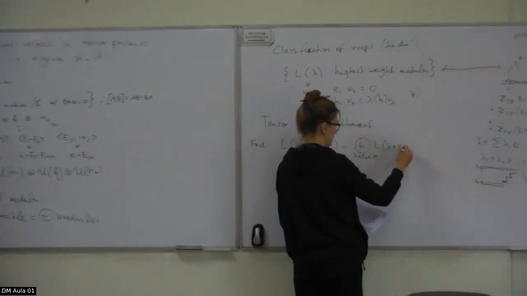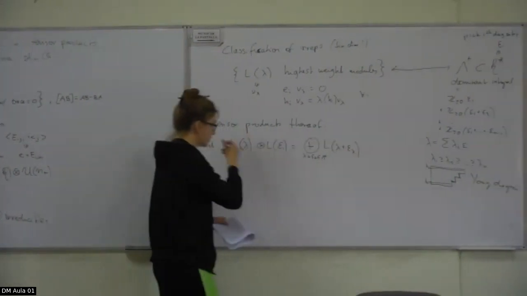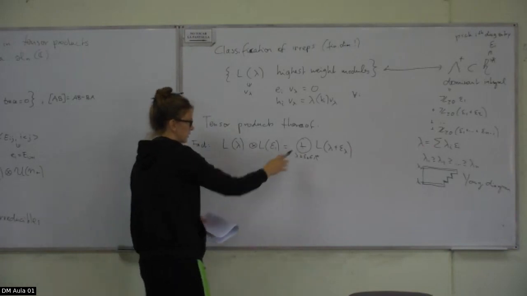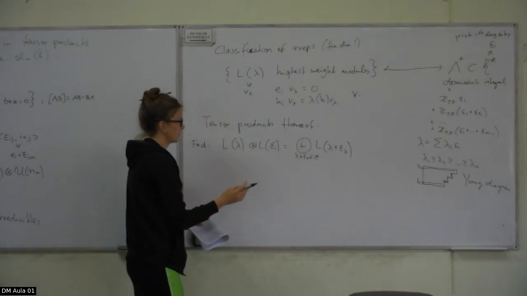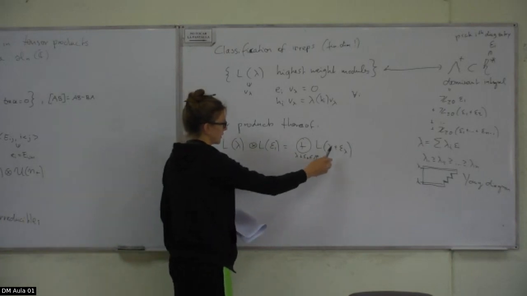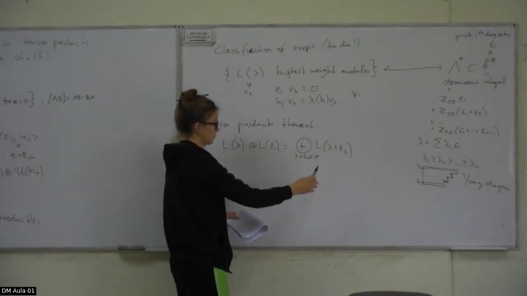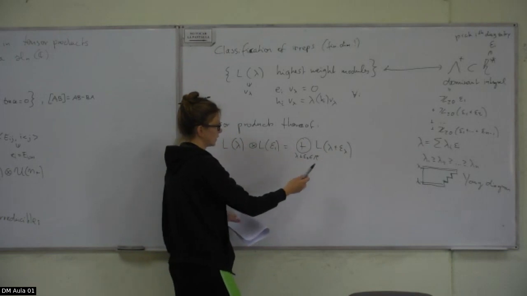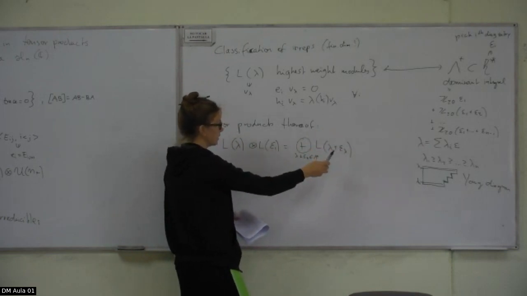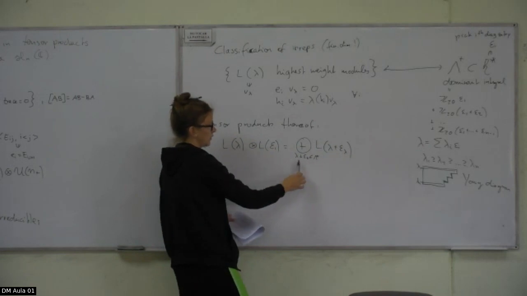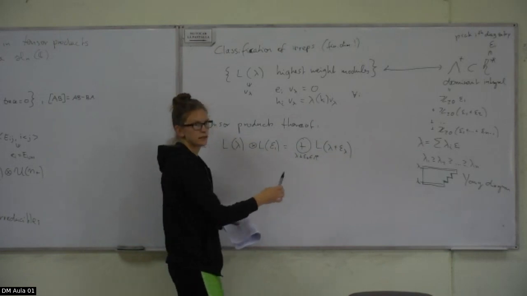It decomposes again by this complete reducibility. So we can ask how does it decompose? And it will display all the weights of that form, running in principle over all epsilon_1 up to epsilon_n, but only such that we get again a dominant integral weight.